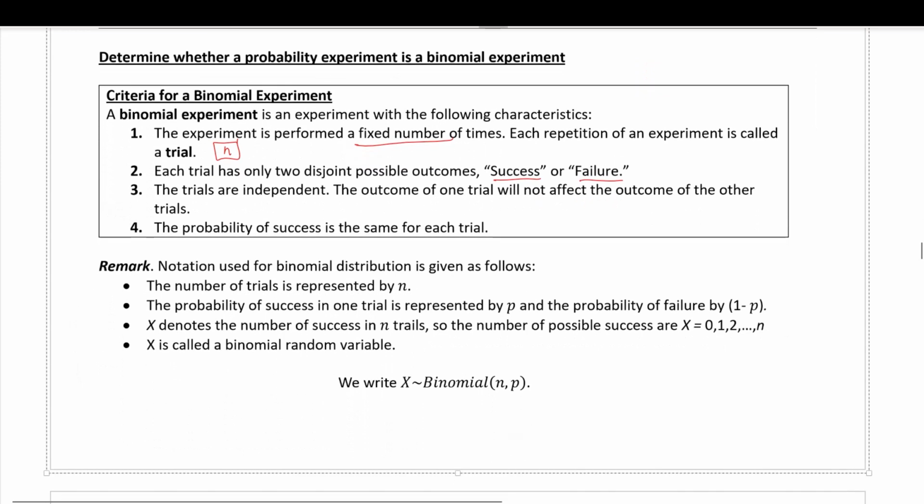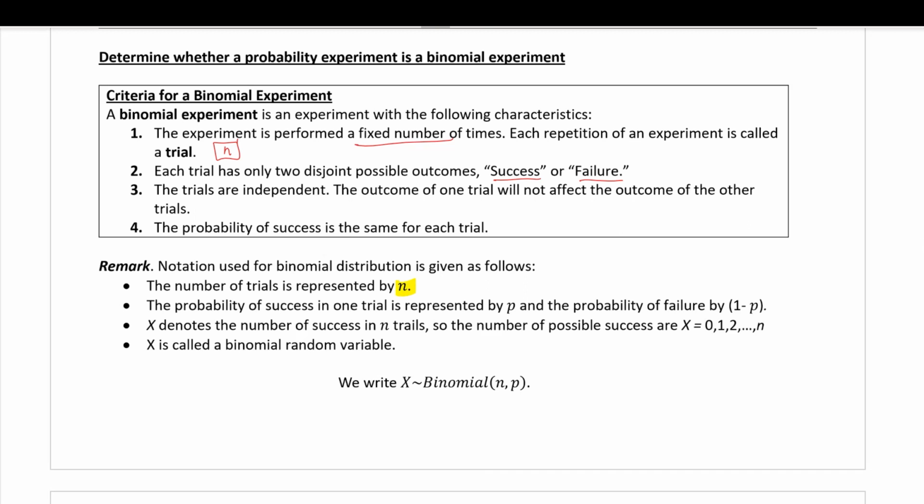Again, the number of trials is represented by lowercase n. Probability of success in one trial is represented by p. The probability of failure would be represented by 1 minus p. Sometimes this is known as q. Some textbooks use q for that, but it's related to p. It's just the complement of p. And x denotes the number of successes in n trials, and those always range from 0 on to n.